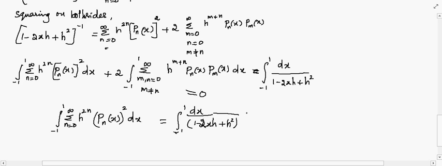Integrating the right hand side, this is nothing but integrating with respect to x. So we get minus 1 by 2h into log of 1 minus 2xh plus h square. Then we have to substitute the limits from minus 1 to plus 1.